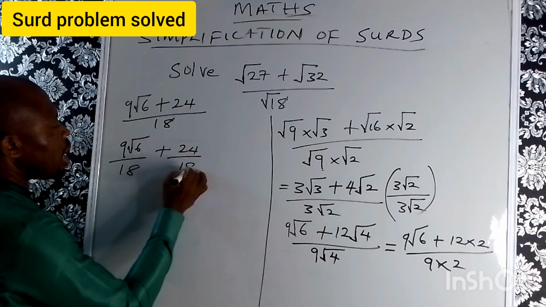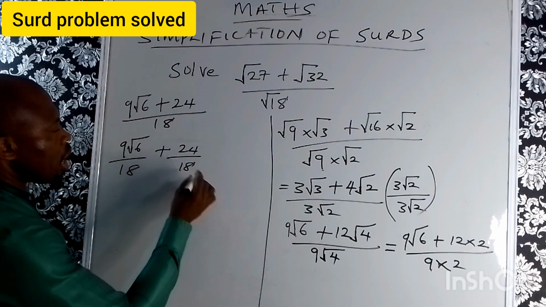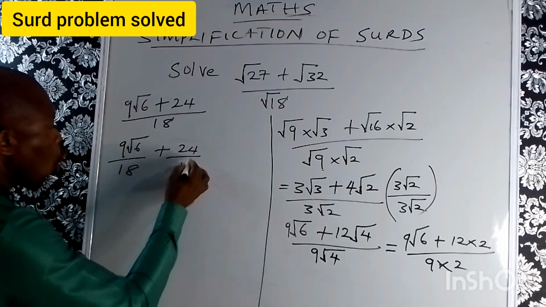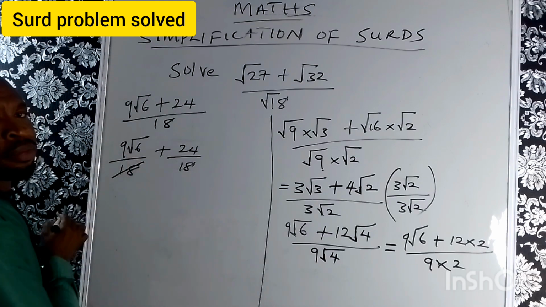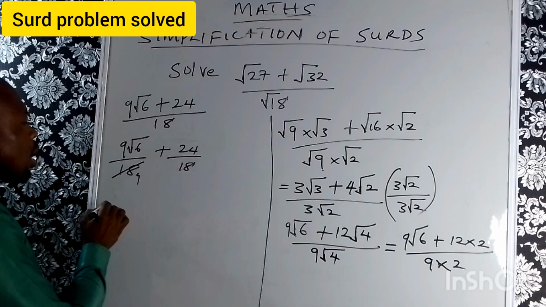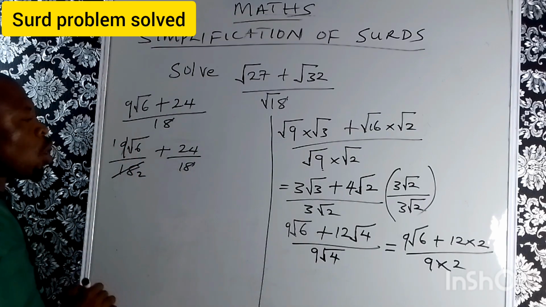From here, we can take the LCM, or you go ahead and reduce this. 9 can divide this one to give you 2, and 9 can divide this one to give you 1 here.